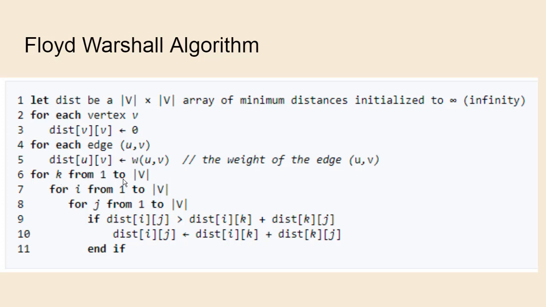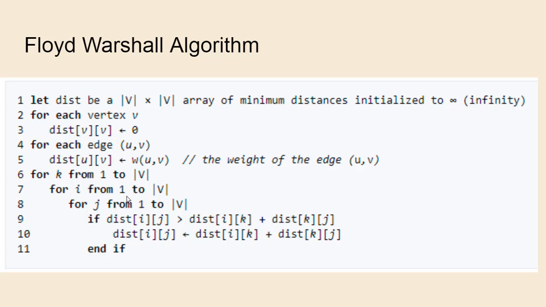So k will range from 1 to the number of nodes. Essentially, this outer loop can be viewed as considering the shortest distance between any pair of nodes i and j if we're only allowed to use nodes between 1 and k as the intermediate nodes.